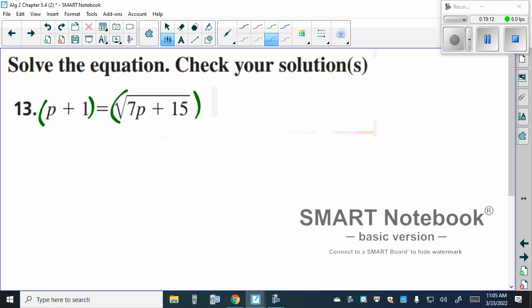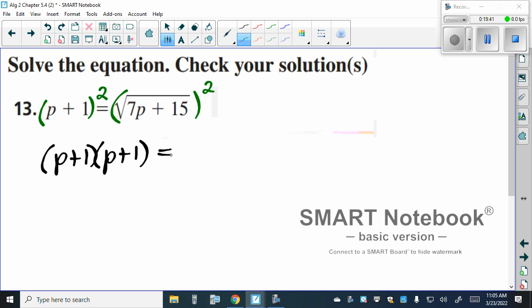So we're going to put both sides to the second power. Now it might be very tempting for our p plus 1 squared to rewrite it as p squared plus 1 squared, but it's not. Because really what we're saying here is that we have p plus 1 times p plus 1 is being multiplied by itself. So we're going to have to use the distributive property to work this out.